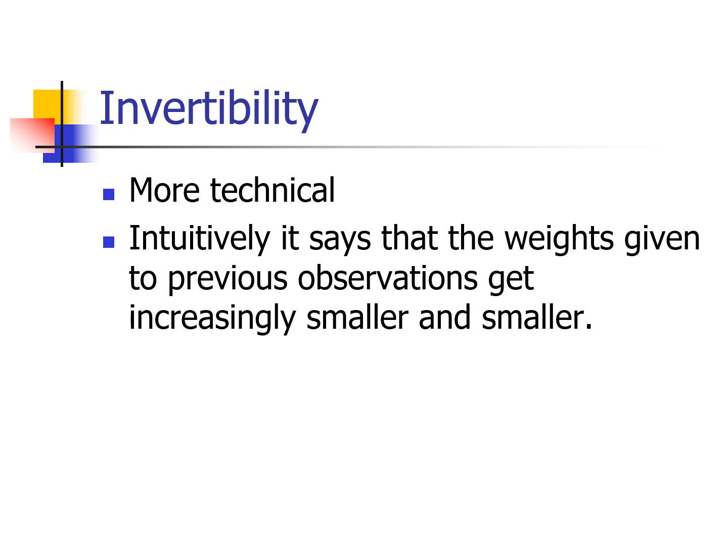I'm not going to get into a formal definition of it, but big picture, intuitively, it's saying that the weights given to previous observations get increasingly smaller and smaller. And you might say, well, what are you talking about? The weights are getting smaller and smaller? I'll give you a little bit of insight on that in the next slide.